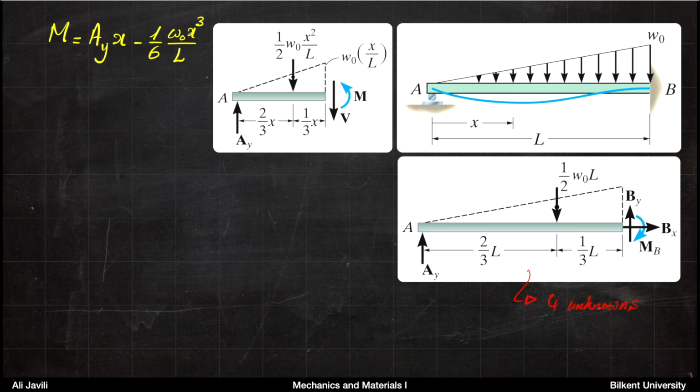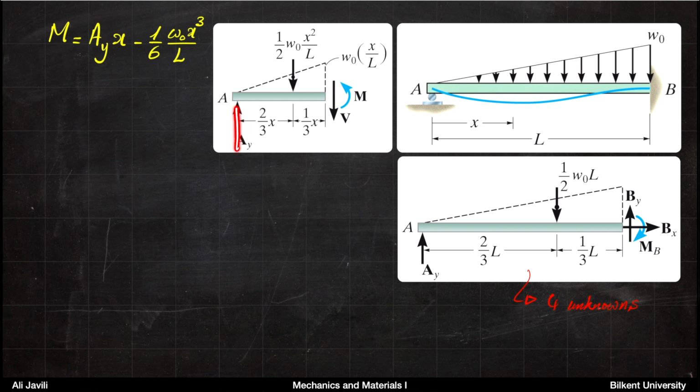Now, if you look at this triangle, if you cut it somewhere here, this would be a triangle that we have there. The height of that triangle would be w0 divided by L times x. So again, w0 divided by L is clearly the slope of the line, times x, that gives you the height. Here the width or the base is x. And basically the area of the triangle would be 1/2 of w0 x squared divided by L, at a distance x over 3 from the right-hand side.